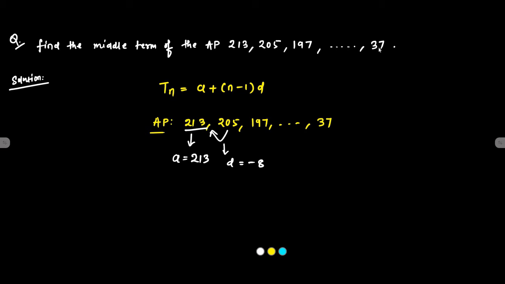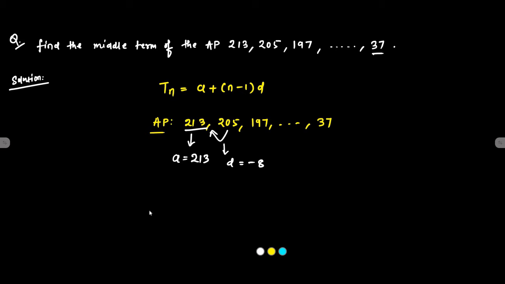So we will put this 37 in place of Tn, because it's the last term. By putting 37 and finding the value of n, we will calculate the total number of terms present, and after that we'll do what is asked.